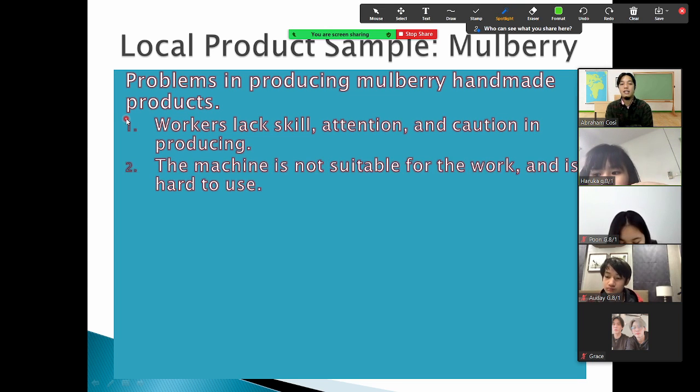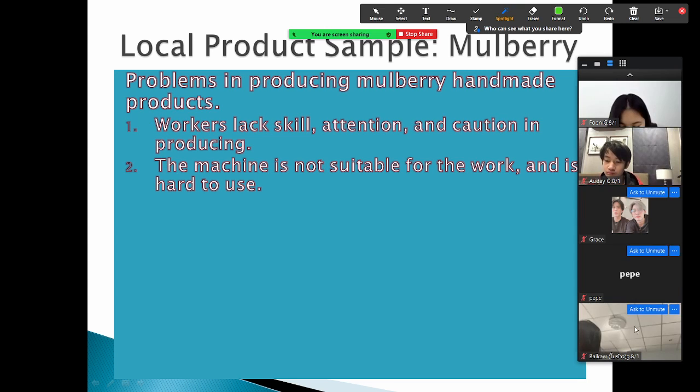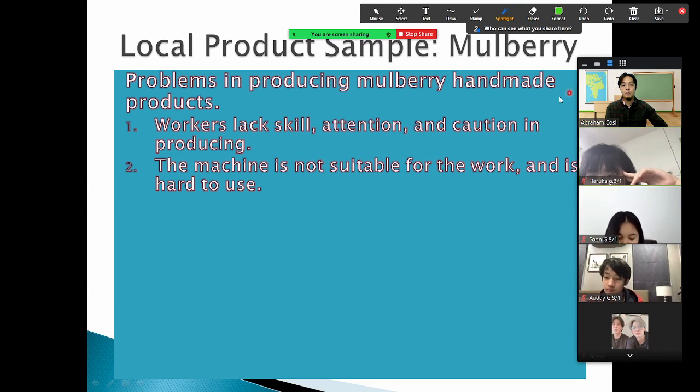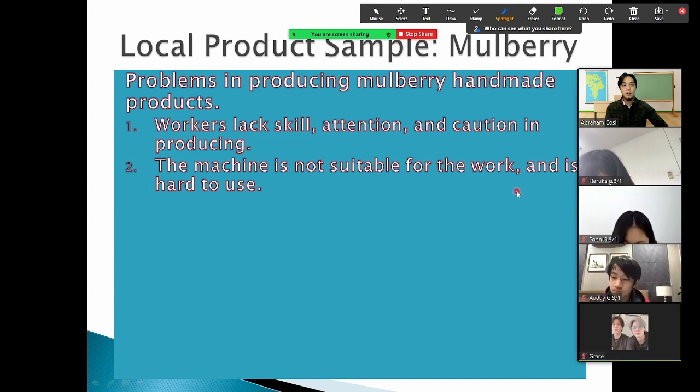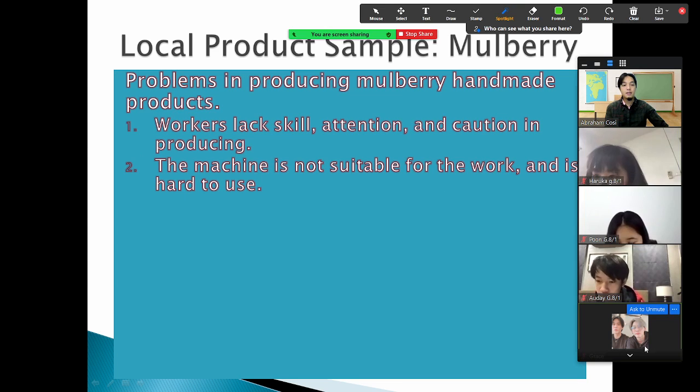Now, the next one. The machine is not suitable for work and it is hard to use. Grace, what production factor is the problem on number 2? So for the first one, we have a problem in labor. Number 2, we have, anyone? The machine.